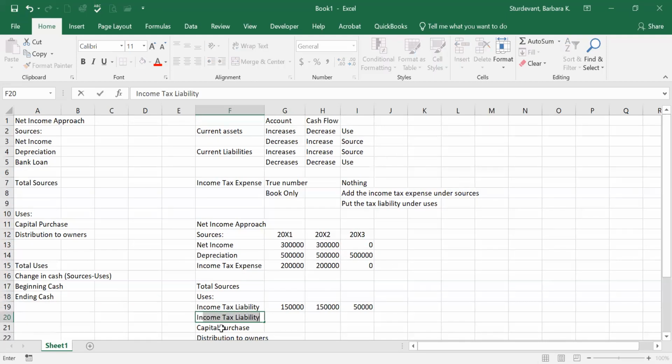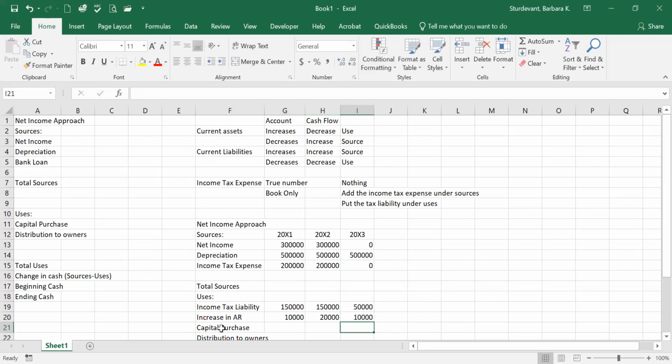So you're just going to put down here an increase in accounts receivable would go there. Refer back up here.